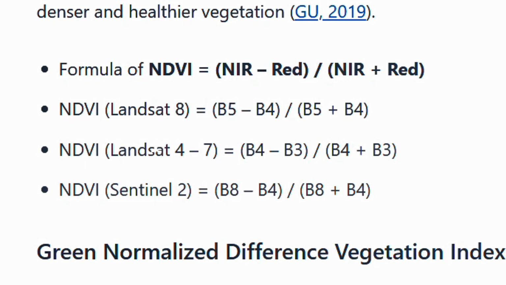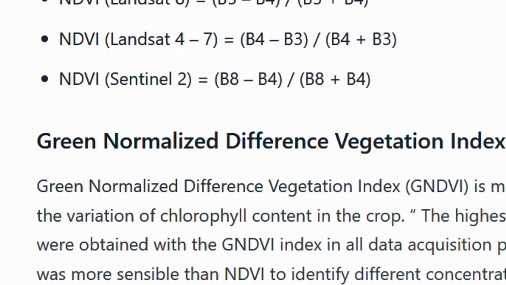In NDVI for Landsat 4 to 7, use band 4 and band 3. In NDVI for Sentinel 2, use band 8 and band 4. So what I'm saying is that you need to know the band that you ought to use at any point in time to make your calculation. Now in this case, we are using Landsat 8, as you can see here.